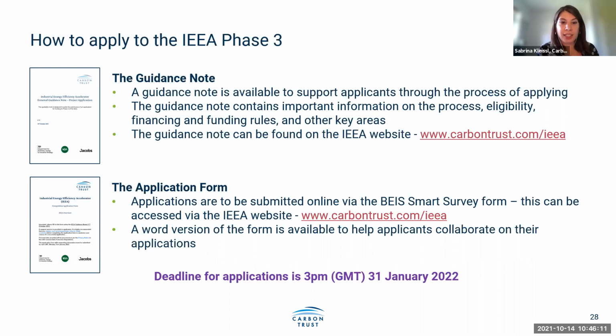Please note that the deadline to submit a full application via the smart survey platform is at 3 p.m. on the 31st of January. Allow plenty of time before the submission deadline to upload all your answers and documents. We can only accept applications submitted through the online system, so there won't be an option to submit them via email.